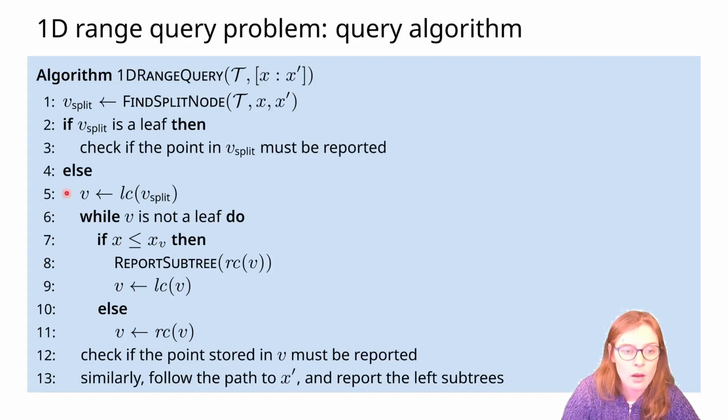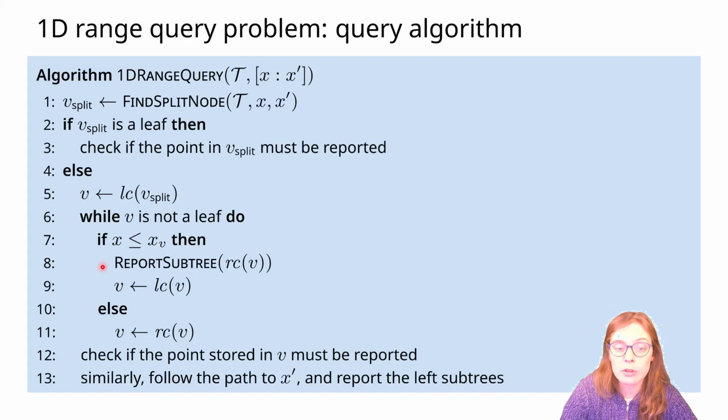For the left child of the split node, let's call it V, we do the following operation in a loop. Until V is a leaf, we check if the value stored in the node is greater or equal to the left bound of the range. Here the range is given by x and x prime. If the left end of the range is less or equal to the value stored in the node, then we will recurse to the left child.